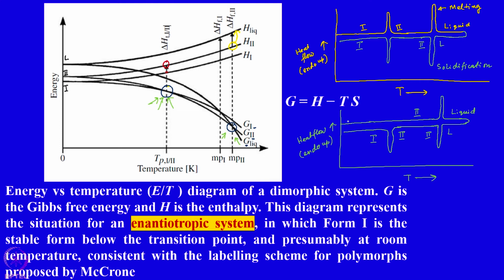So, we started with form 2, we ended up getting form 1 after the first cycle. So, it indicates that we have got the thermodynamically stable phase from the thermodynamically unstable phase which was somehow formed during the experimental process. So, this type of system is called the enantiotropic system.